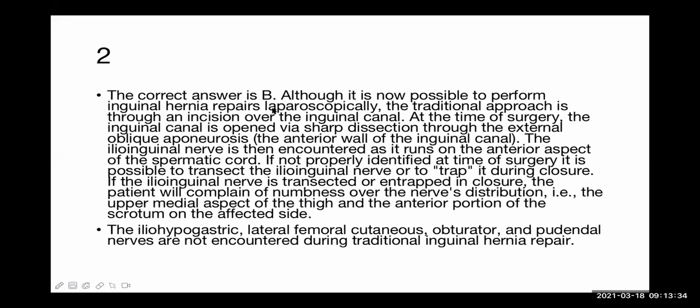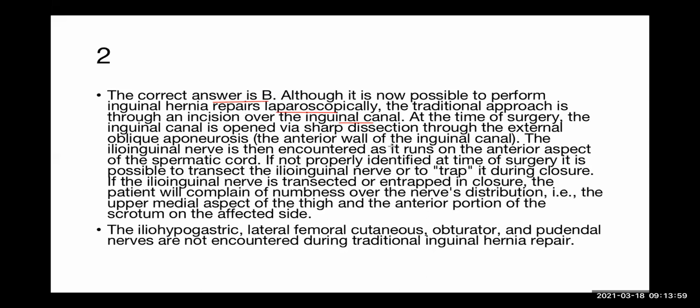Now, see this. The correct answer is B. Let me go through this because this is how we learn here. The answer is B, that is ilioinguinal nerve. Although it is now possible to perform inguinal hernia repair laparoscopically, the traditional approach is through an incision over the inguinal canal. So while you are making the incision, you can damage the ilioinguinal nerve.